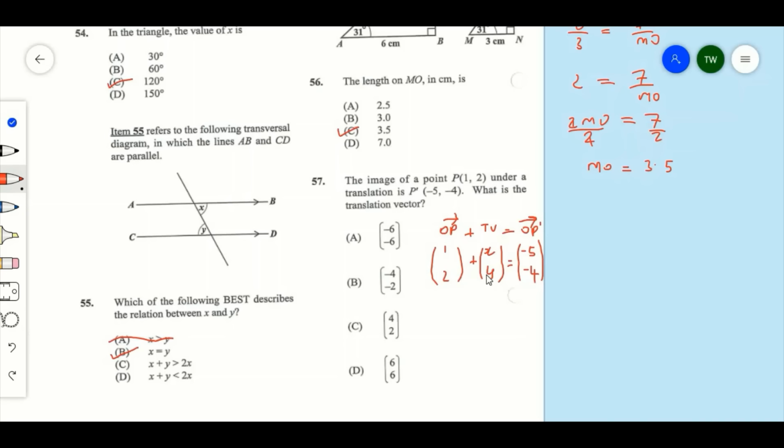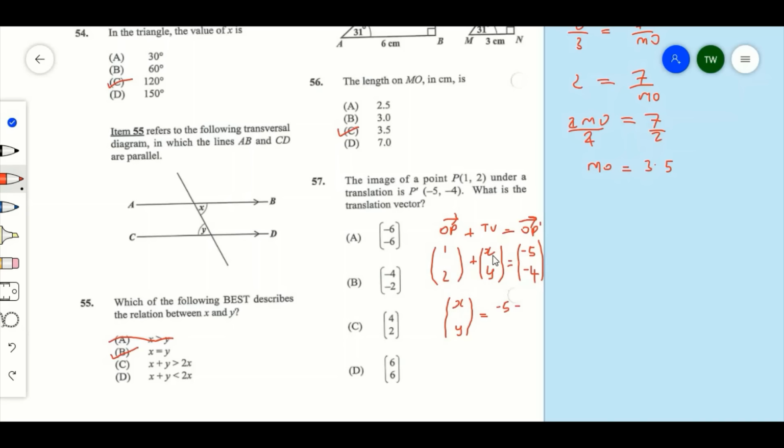So in order to find the translation vector, we must subtract the vector OP from both sides. So X, Y, which is the translation vector in this case, is going to equal the image vector, which is -5, -4, minus the original vector, which is OP in this case.